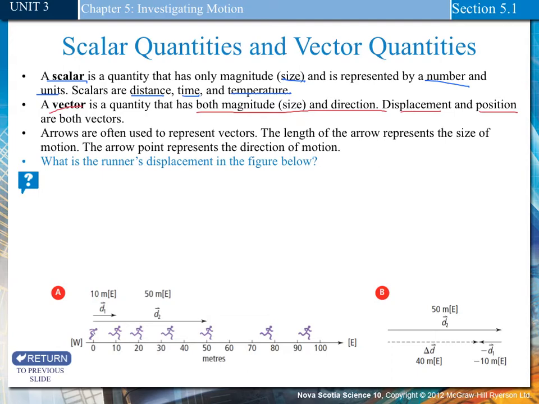Arrows are often used to represent vectors. The length of the arrow represents the size of the motion. The arrow point represents the direction of the motion. What is the runner's displacement in the figure below? Think about it.